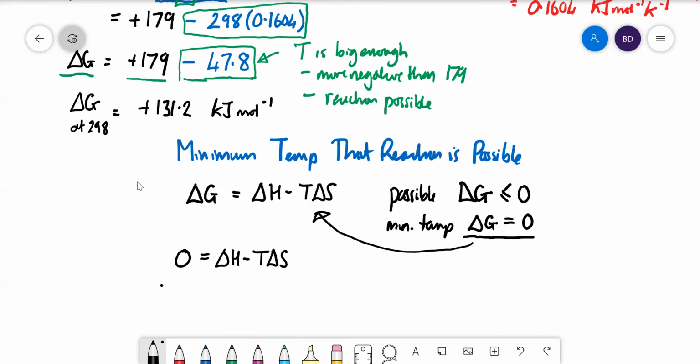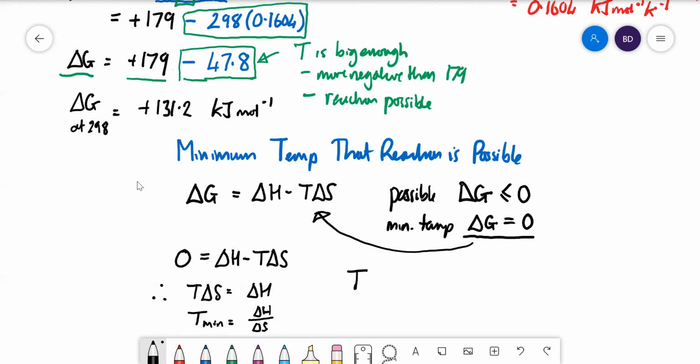So we can say, therefore, that T delta S is equal to delta H. And so T, the minimum temperature, is going to be equal to delta H over delta S. And they're both positive values. Let's put them in.